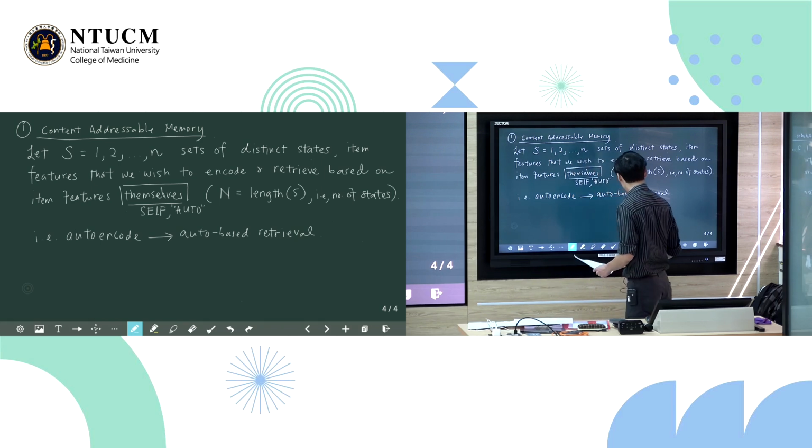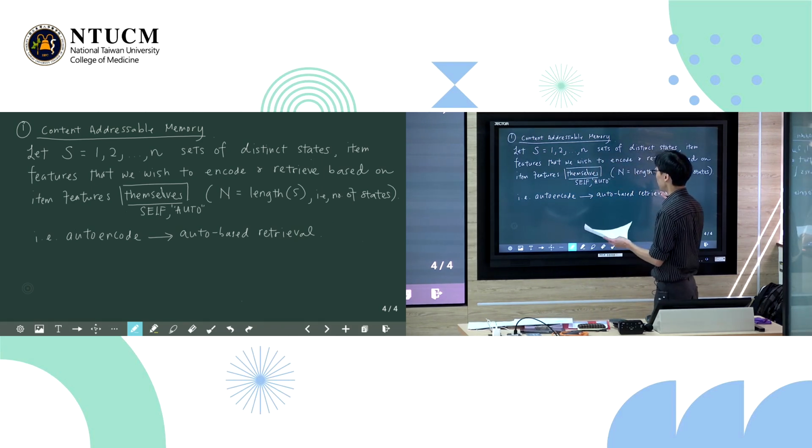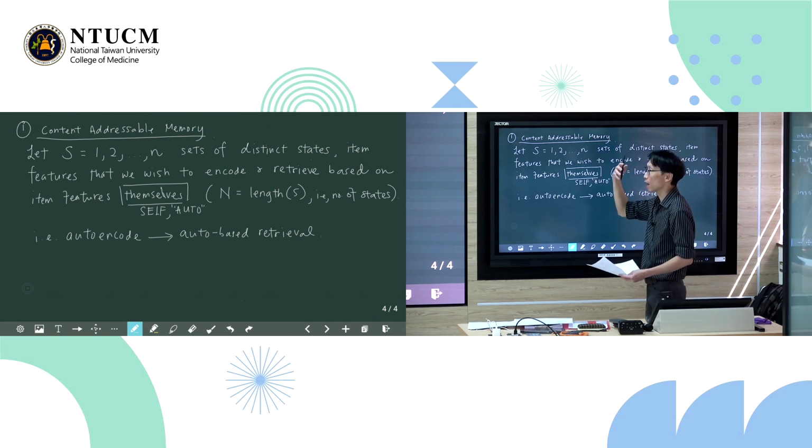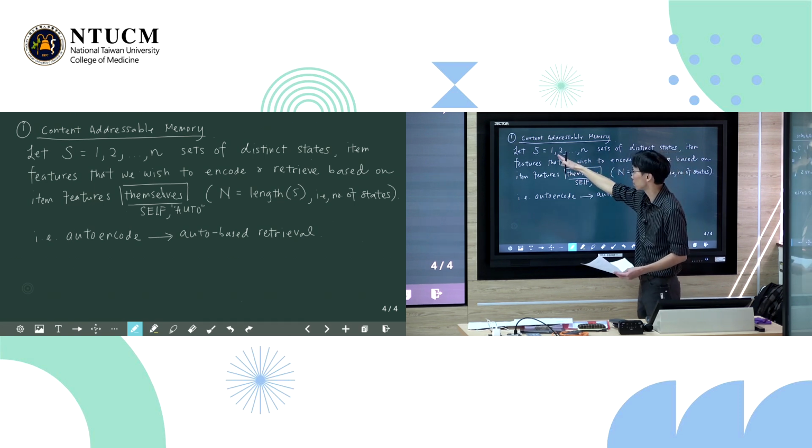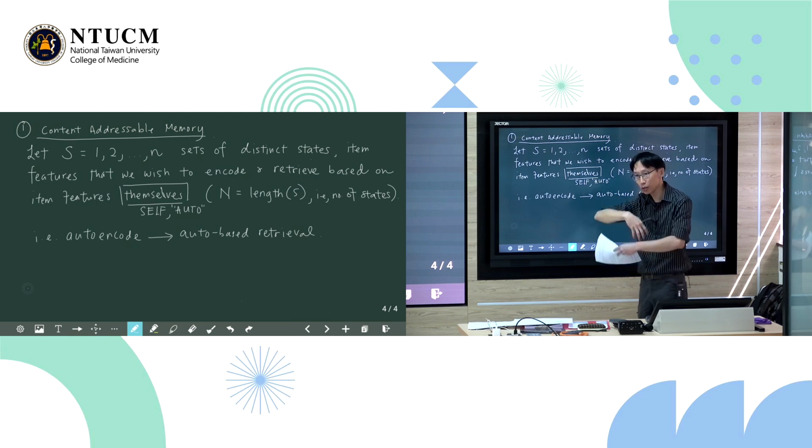So then if this is the formal statement of the problem, we have S states from 1 to n. So we have n sets of information that we want to write into this memory system so that if I give it now some parts of state 1, it can retrieve the rest of state 1 because it is part of itself. State 1's set features are part of the set of state 1 itself.